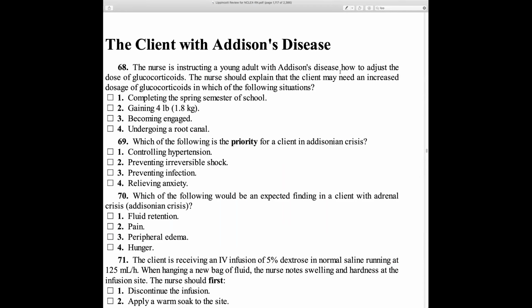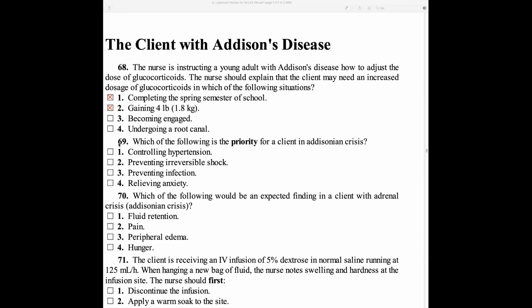So is completing the spring semester of school, is that physical stress or more mental stress? So choice one is wrong because that's not physical stress. Okay. Gaining 4 pounds, I know that can seem physical, but 4 pounds is not like gaining 40 pounds, right?